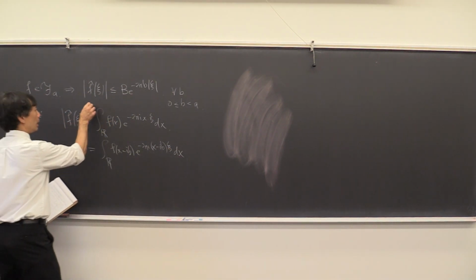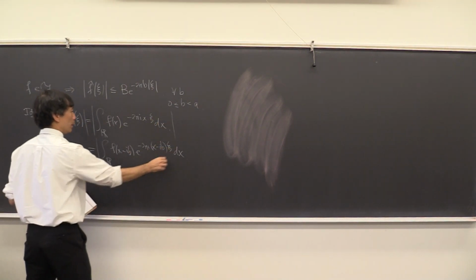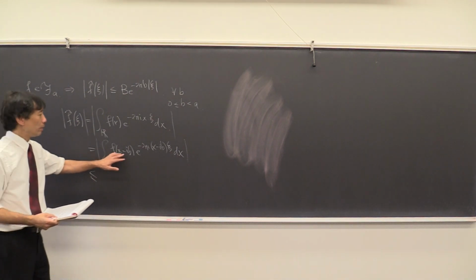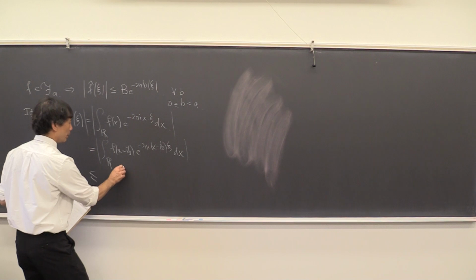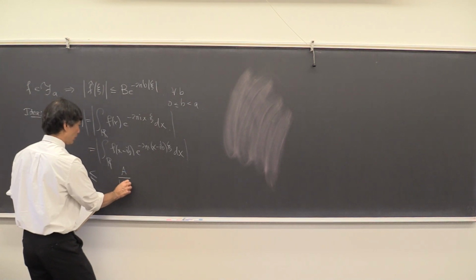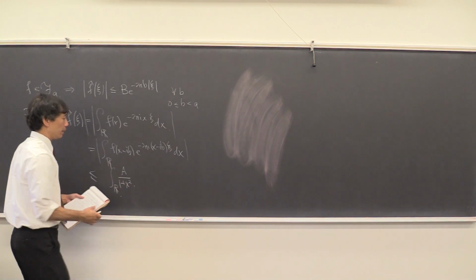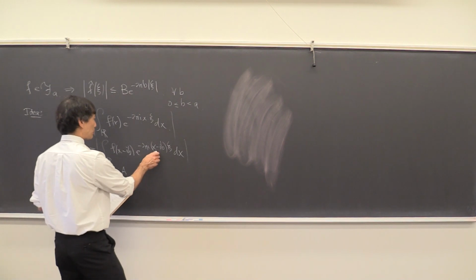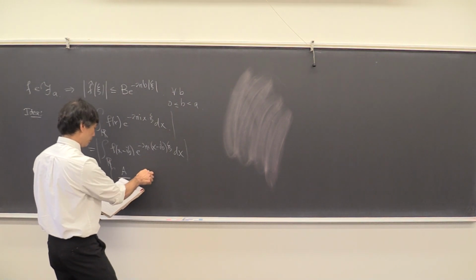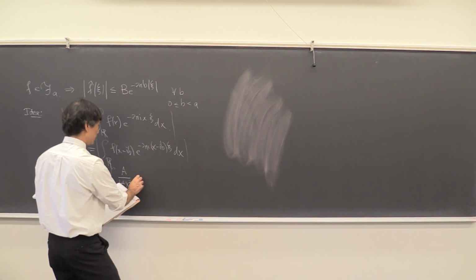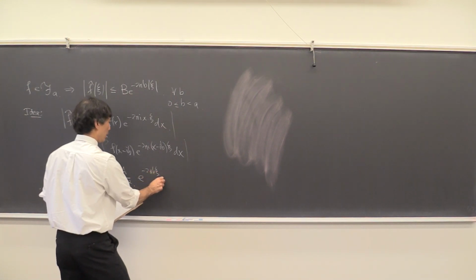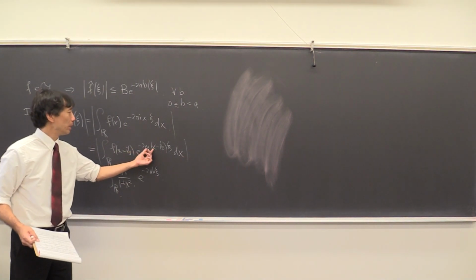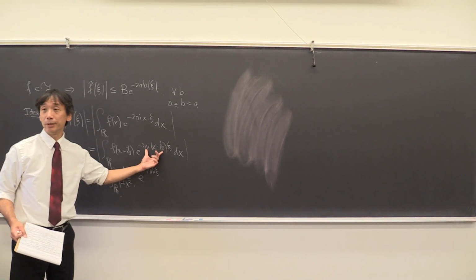But when you're estimating the size of it, well, this part is controlled by the moderate decay, right? So you get this A over 1 plus x squared. That part is controlled by the moderate decay, and then this other thing is going to give you e to the negative 2 pi b xi, because the imaginary part doesn't matter.